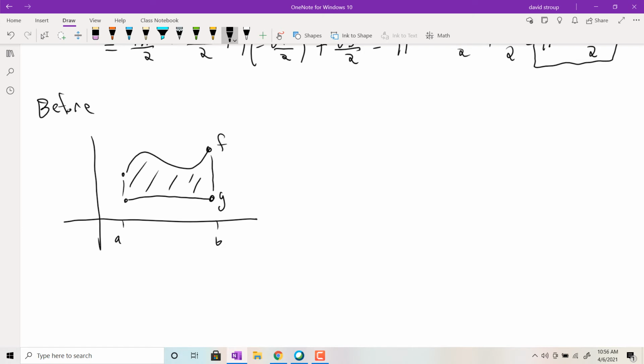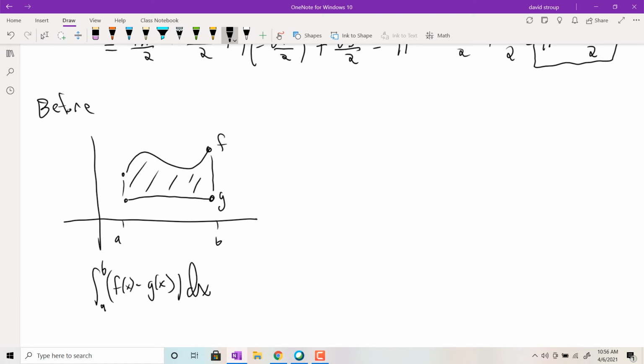So if that was F and that was G, this would be, after all is said and done, the integral from A to B of the top curve minus the bottom curve, basically. So it would be f of x minus g of x dx.